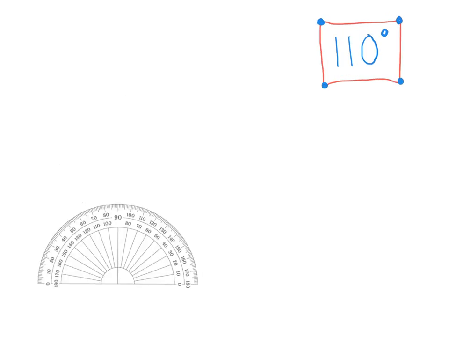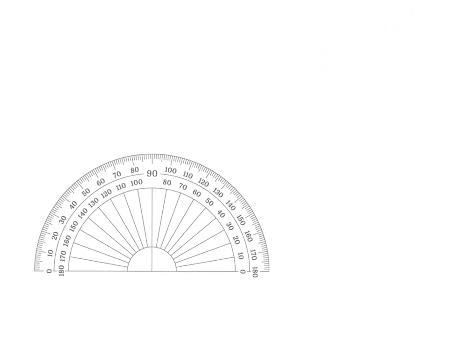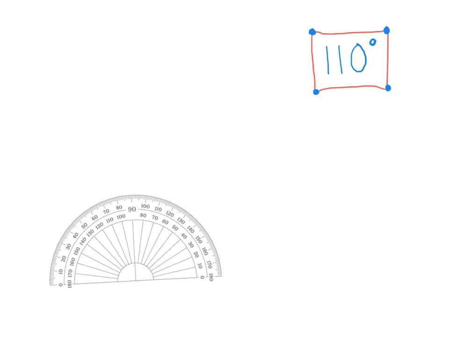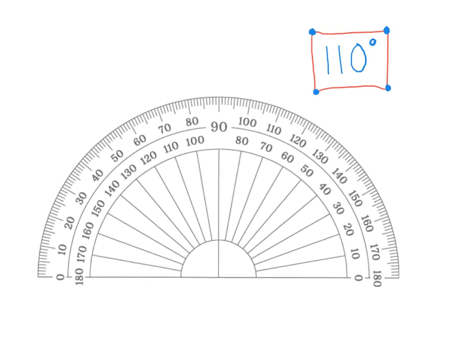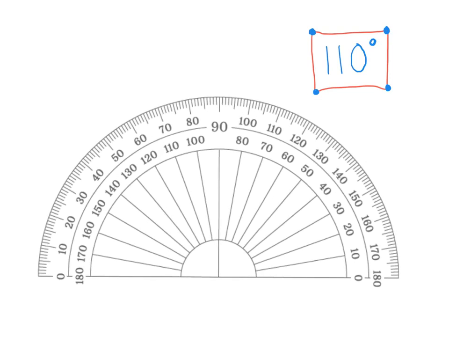Okay, 110 degrees. Well, we know that 110 degrees is an obtuse angle because it's more than 90 degrees and less than 180. So let's pull out our protractor. And we know that we're doing an obtuse angle, so it's got to be big, obtuse, like a moose. And I am going to find 110.